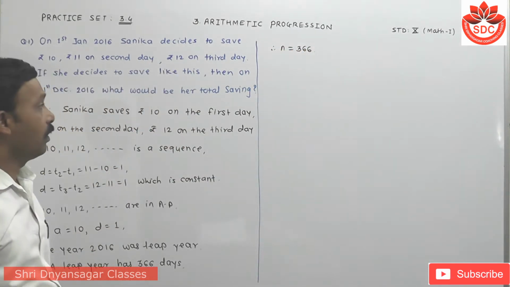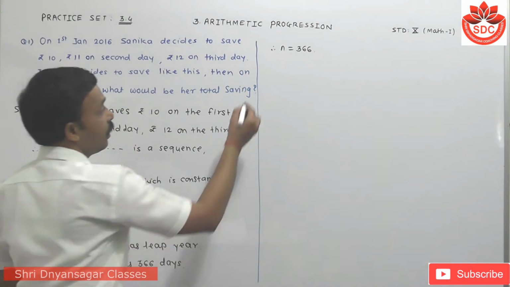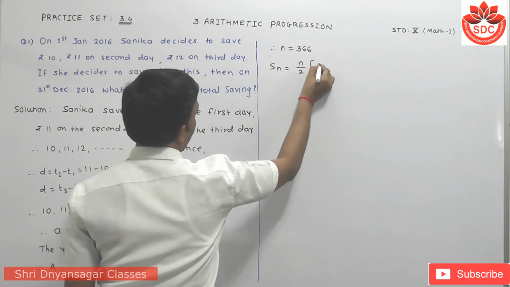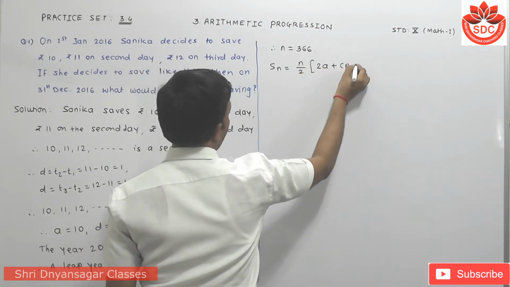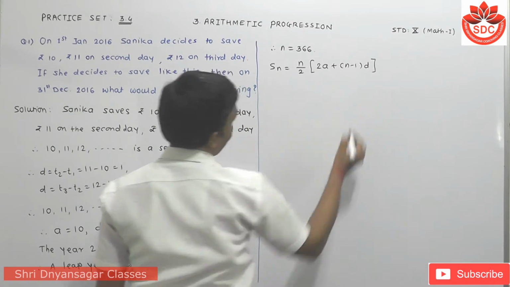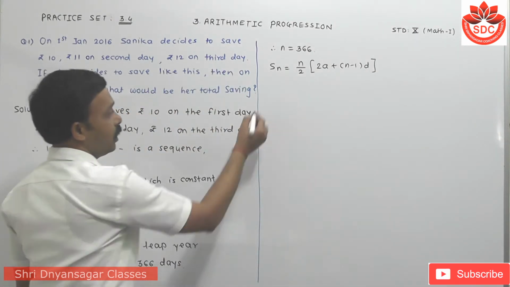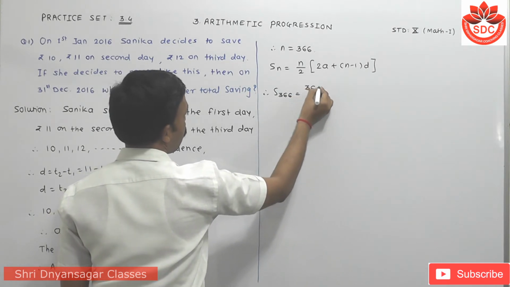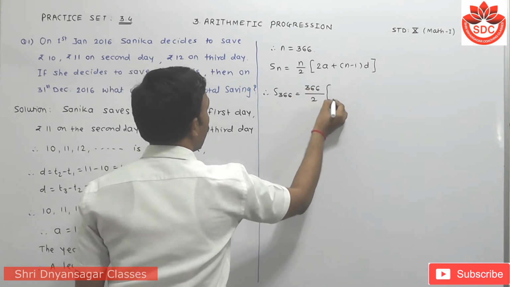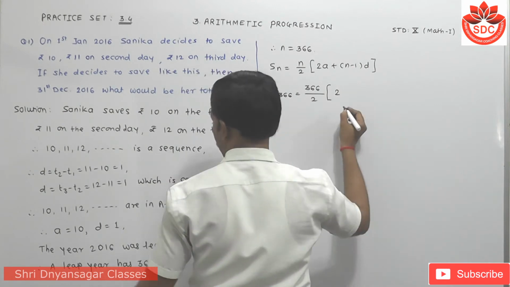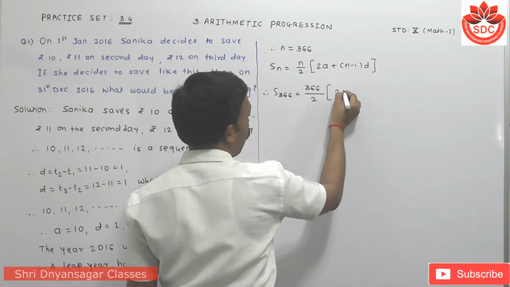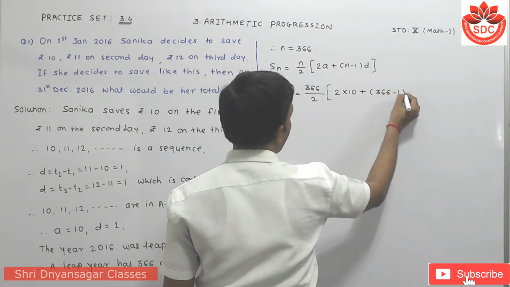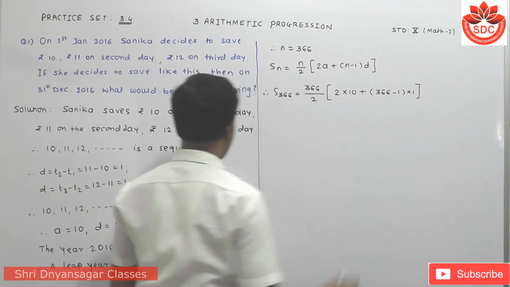We know the formula; we have to find the sum here, that is, Sn is equal to n upon 2 in brackets 2a plus (n minus 1) into d. This is the formula. Substitute the values: S366 is equal to 366 upon 2 in brackets 2 into a, the first term, 10, plus 366 minus 1 into d, which is always 1.